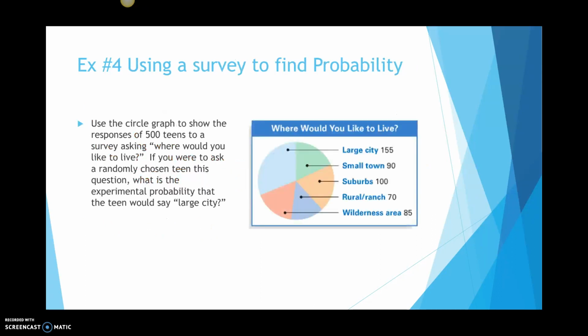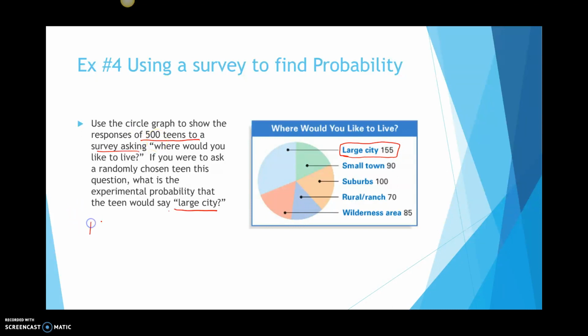Example 4, here we're given a chart. It says use the circle graph to show the responses of 500 teens, that's the total, to a survey asking where would you like to live? If you were to ask a randomly chosen teen this question, what is the experimental probability that the teen would say a large city? Looking at the graph, we find the large city, and that's 155 students who want to live in a large city out of the total 500.